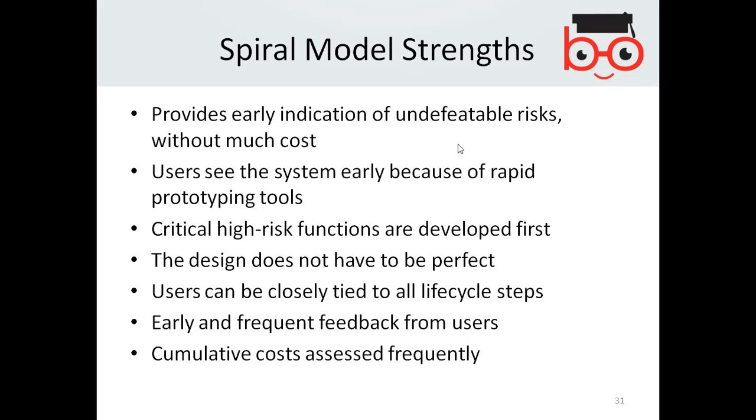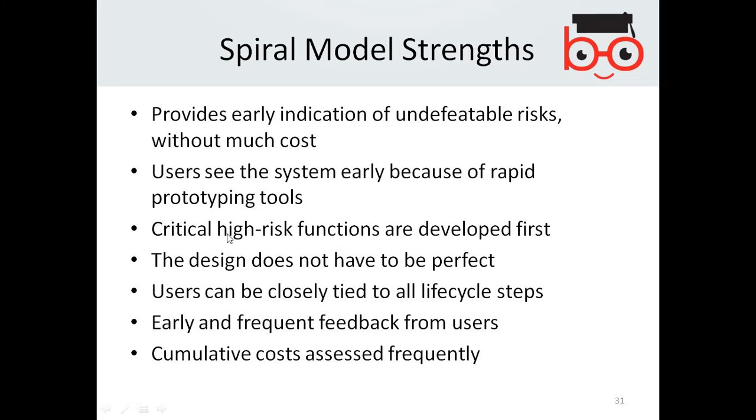Maybe you can stop the project development. However, you would be saved from the big risks. Users see the system early because of the rapid prototyping tools. So especially the spiral is a kind of waterfall model, and it also incorporates prototyping as well as risk analysis. So critical high risk functions are developed first.